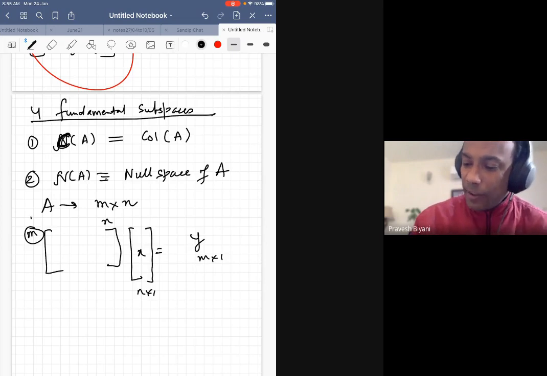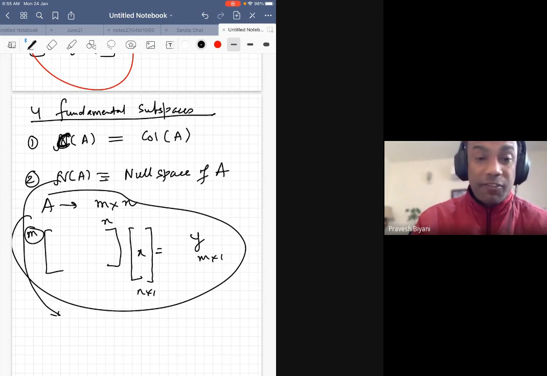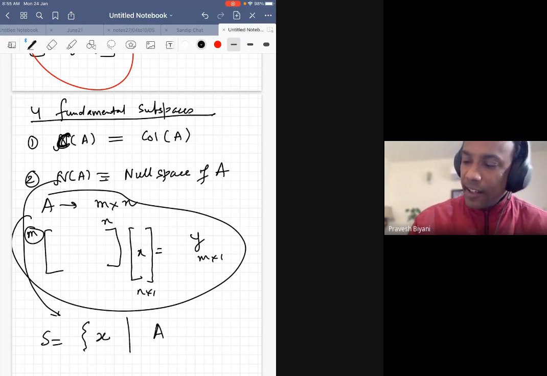Now, this is the column space. What is the null space of A? The null space of A is defined as the following. This is also a set, a set of all vectors x such that AX is equal to 0.